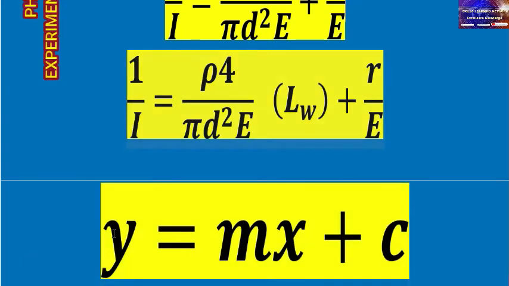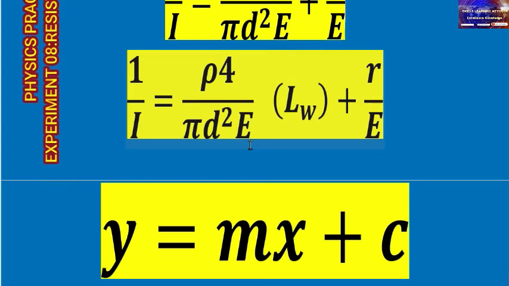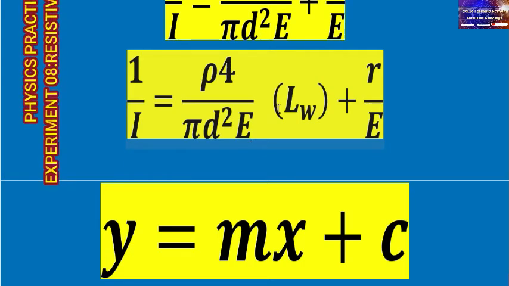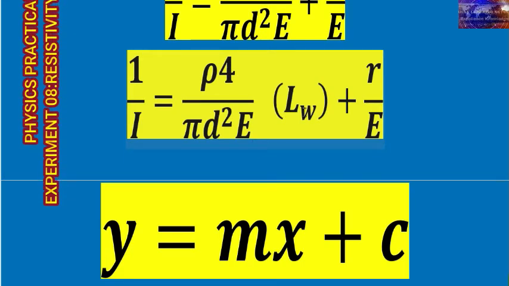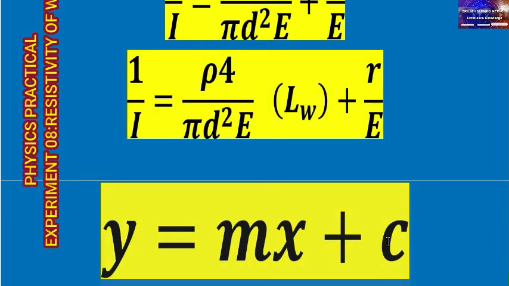Y-axis is equal to 1 over I. Slope is equal to this, resistivity times 4 over pi d square times EMF, times the length of wire, plus R over E, which will be the y-intercept.